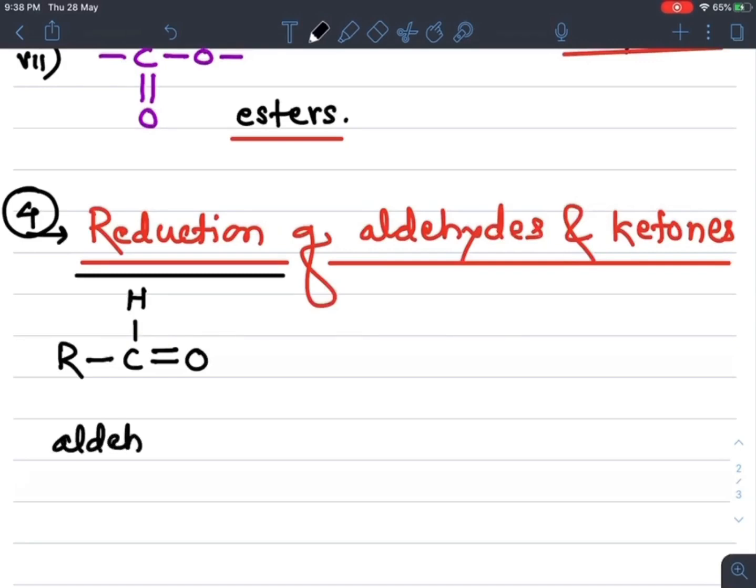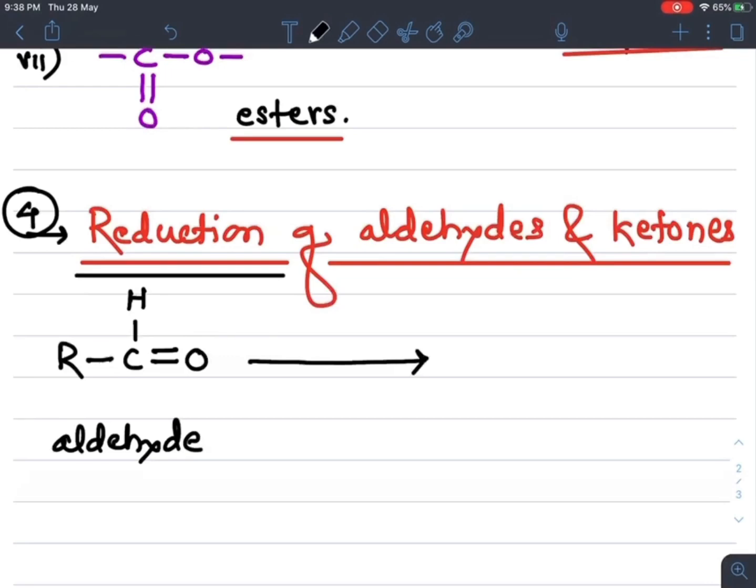The general formula of aldehyde is RCHO. When it undergoes addition of hydrogen, the addition takes place by using a reducing agent.